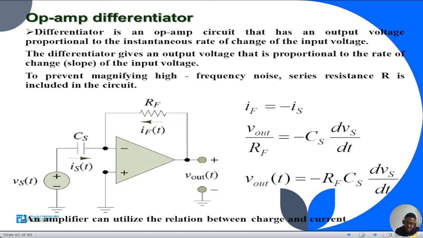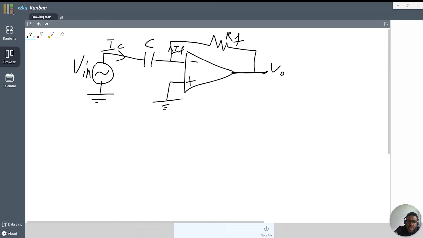So, what does it mean when you apply a DC signal at the input? Our output becomes 0.